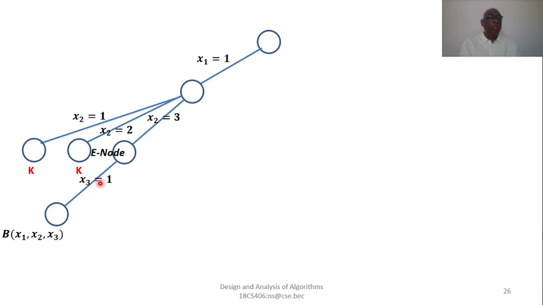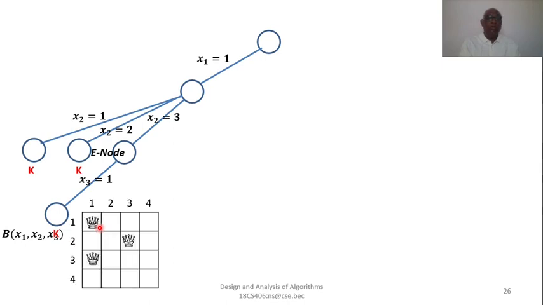So what is the next thing that is accomplished? The next thing is killing this node. We don't further explore this node or the state space tree rooted at it.